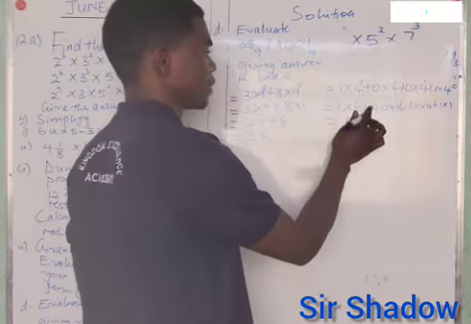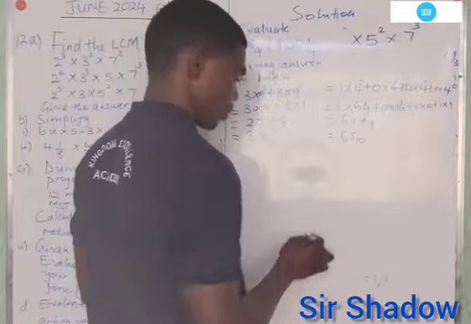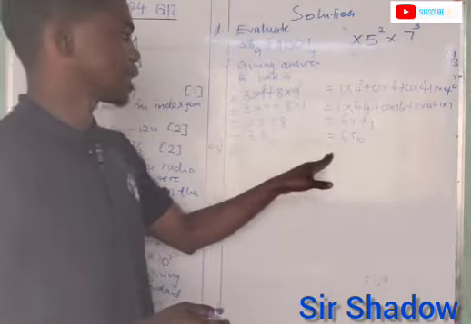This is equal to 1 times 64, which gives 64, then 0, 0, then plus 1 to give us 65. So now we have 35 base 10 and 65 base 10.